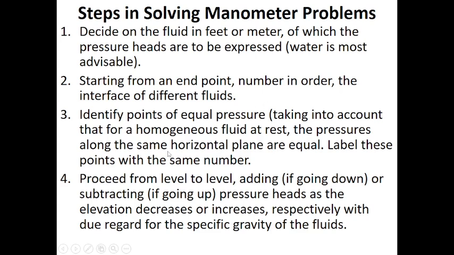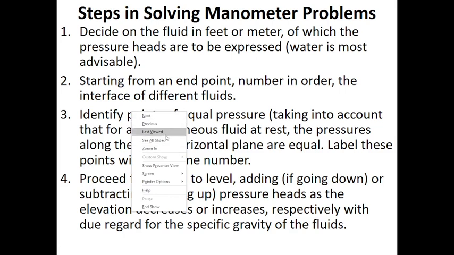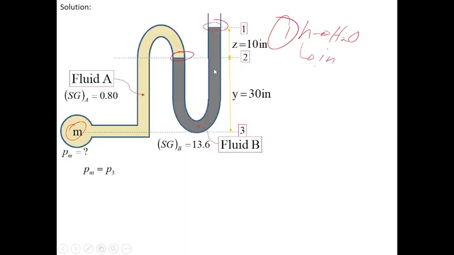Next, step 3: identify points of equal pressure, taking into account that for a homogeneous fluid at rest, the pressures along the same horizontal plane are equal. Label these points with the same number. So let's apply. As you notice, this is point 1.